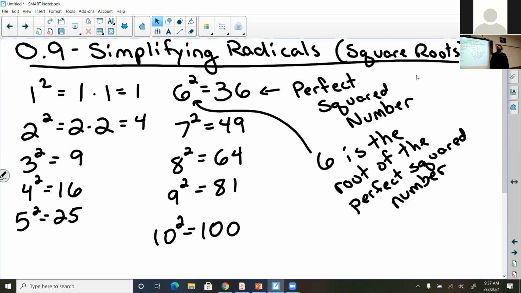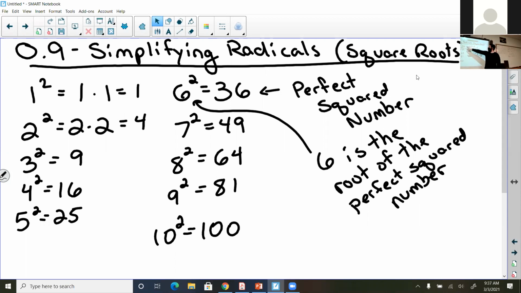So since I just started recording, let me do a quick little recap, burn some time for people that are writing the notes. We're simplifying radicals. We're talking about square roots. So we're talking about what value was multiplied by itself to equal a perfect squared number. So again, 6 squared is 36.